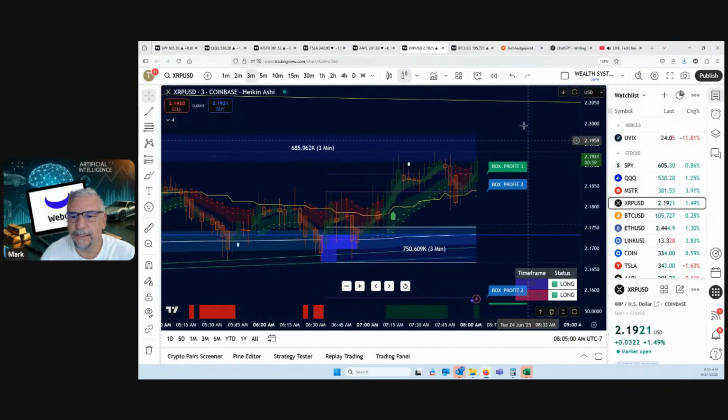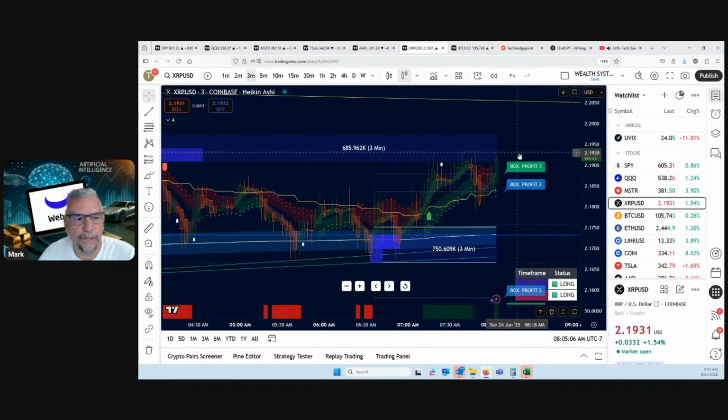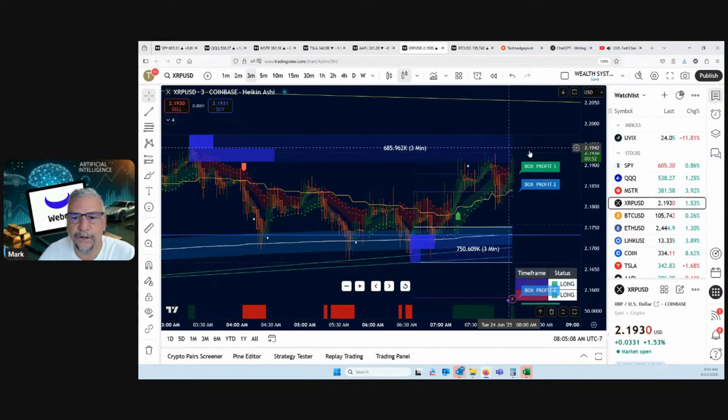Very nice. I want to see XRP get to 220. It needs to break through this line of resistance here. You can see the resistance that's formed here. So we need to break above this 219.3, right? So we're right there at that point. So we need this to break out.